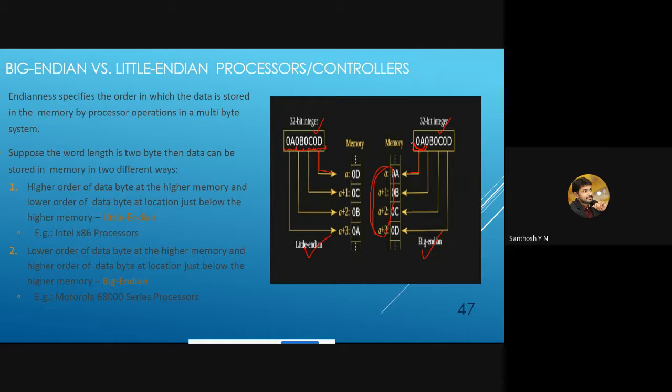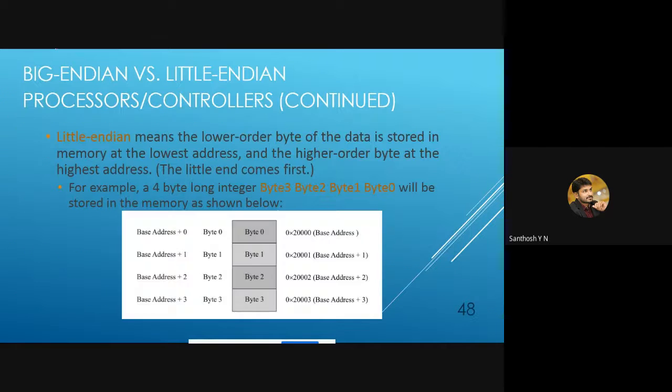The higher order data is stored in the lower address, and the lower order data is stored in the memory location whose address is high. Just observe here: 0D, 0C, 0B, 0A. Here we are storing in the reverse manner: 0A, 0B, 0C, and 0D. So this is called little endian, and this is called big endian. So it is clearly visible here.